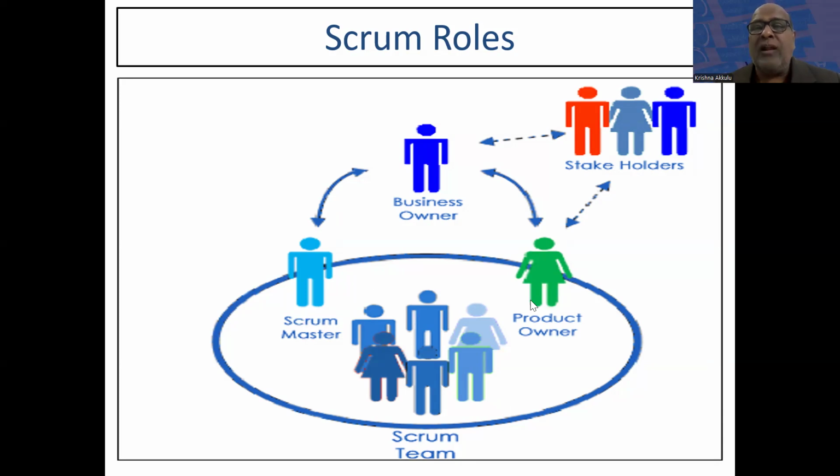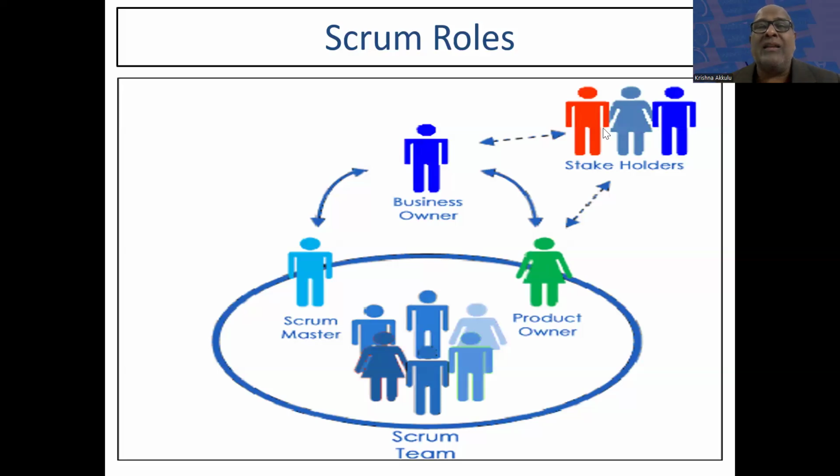The product owner is a representative of the stakeholders, nothing but the customer. So he interacts with the stakeholders and gets the product or project details. Then he passes on those requirements to the Scrum team. This is the normal scenario: the customer, then the product owner, and the Scrum team.